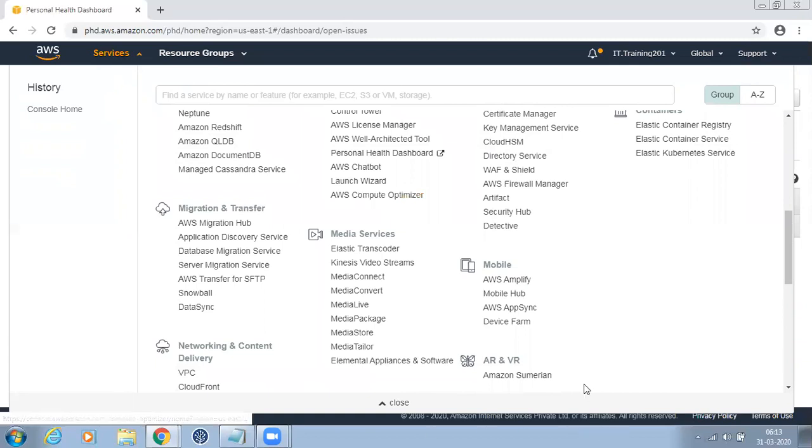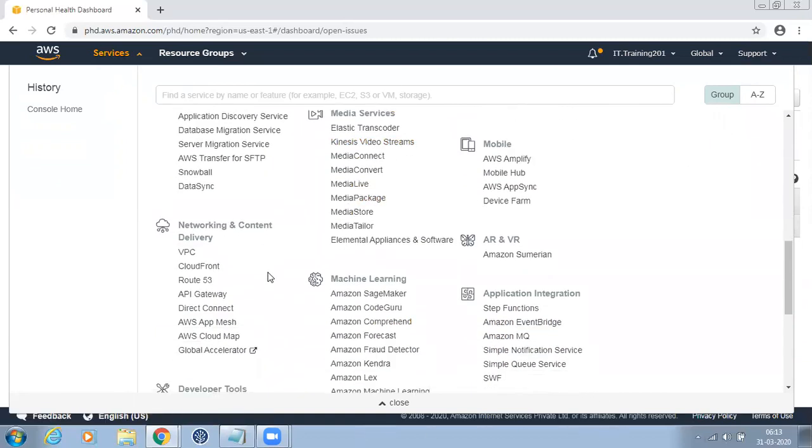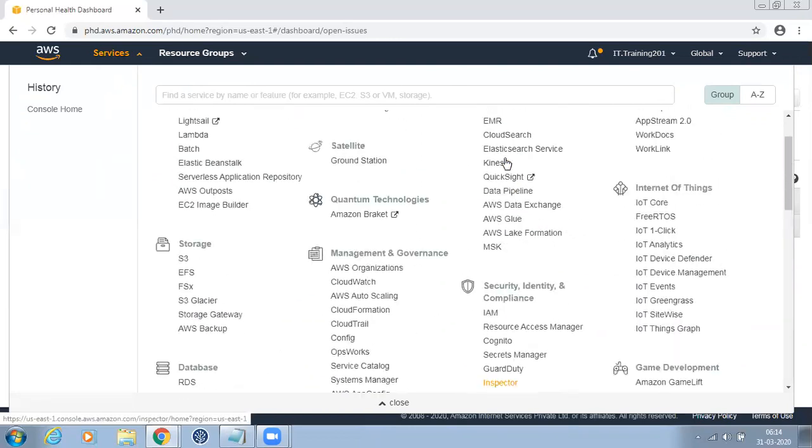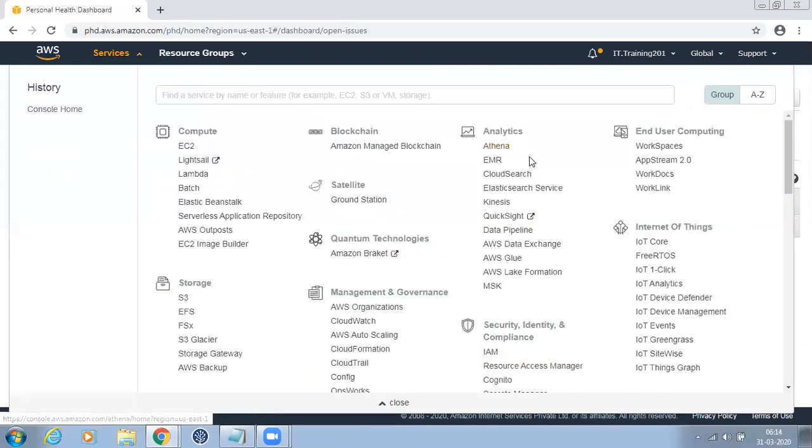Likewise, they have segregated them under various categories. There are more than 170 services. They keep on adding some every quarter or two as per the requirements that customers have. Not all are free; some are free, some are paid services that they are providing.